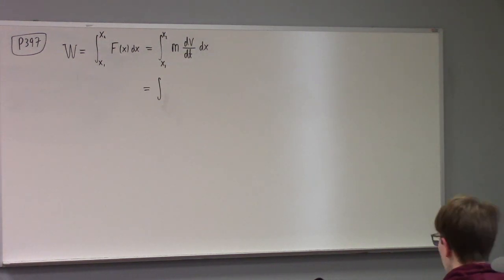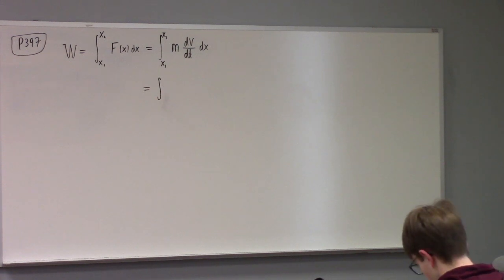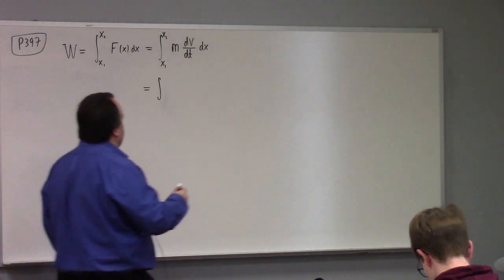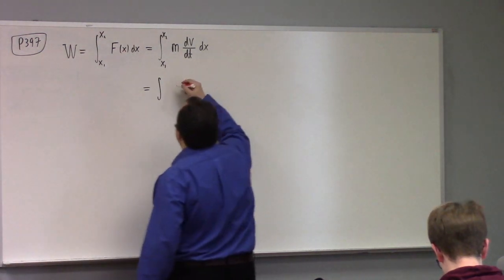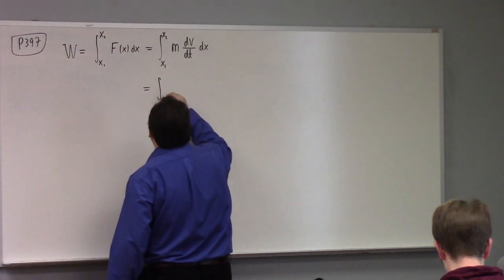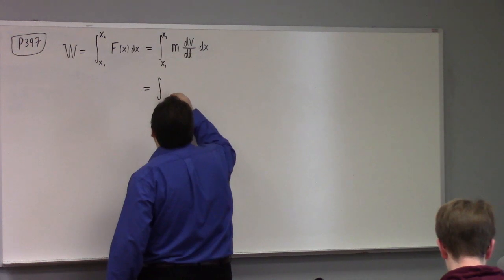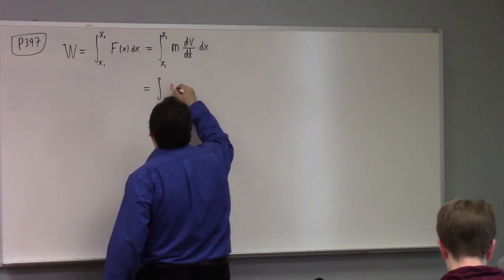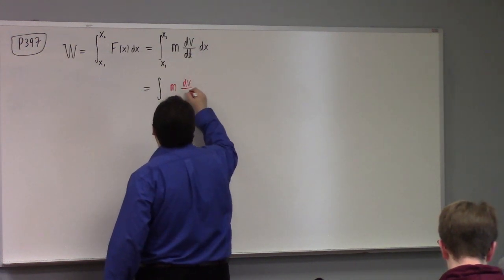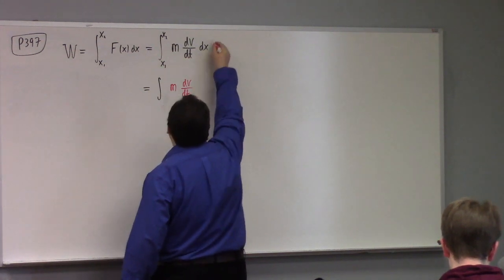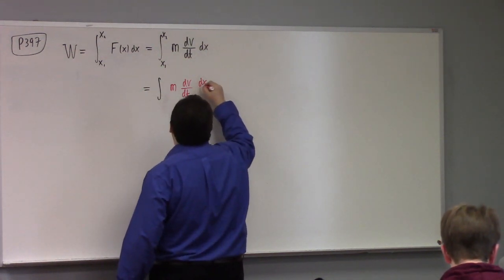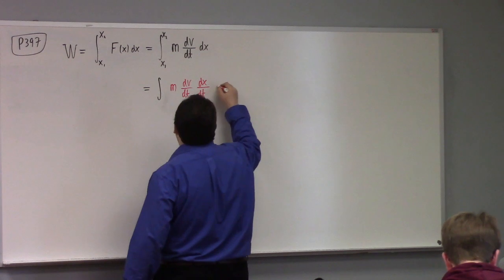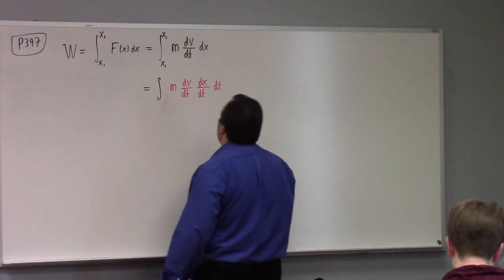Don't tell the other math professors I did this, all right? It's slightly sketchy, but how about this? I have m dv/dt, right? And then I take my dx, I divide by dt, and I multiply by dt.